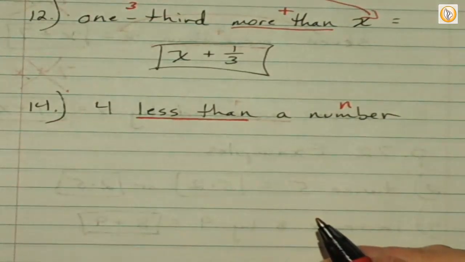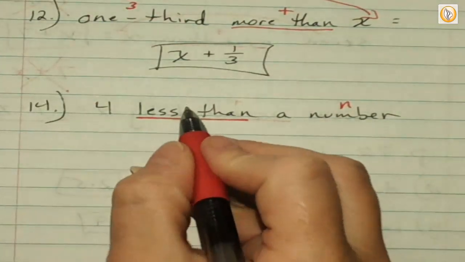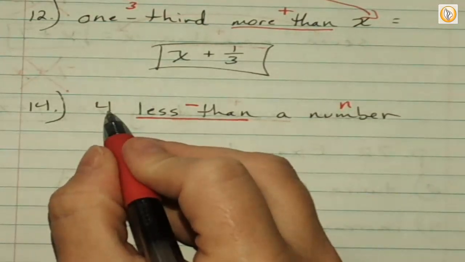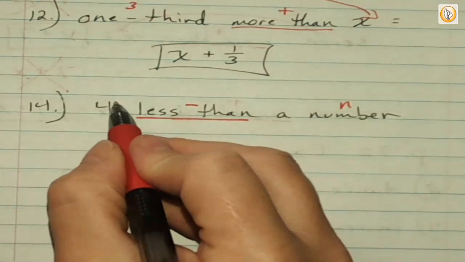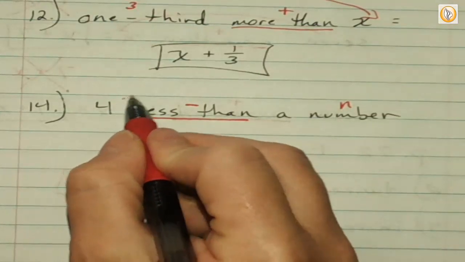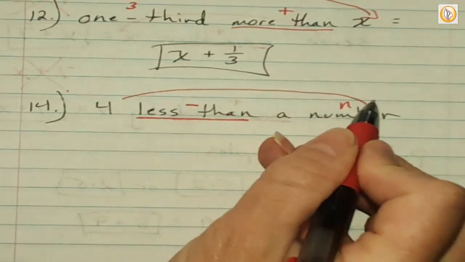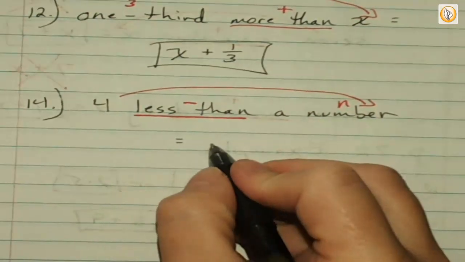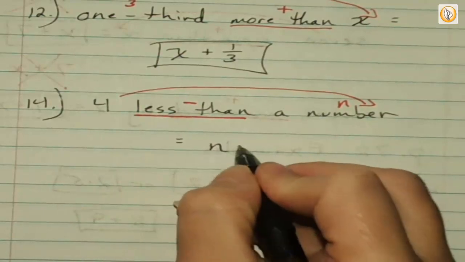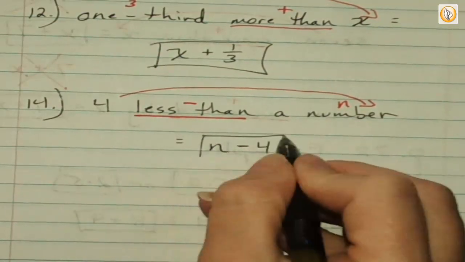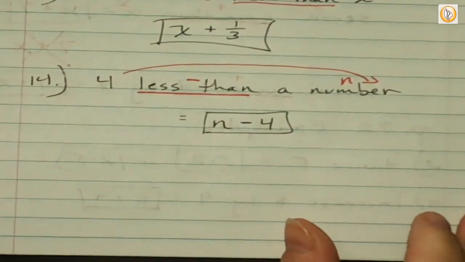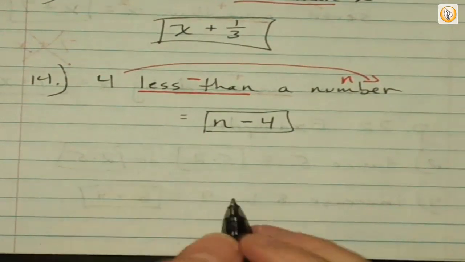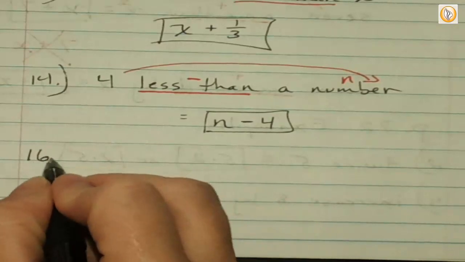And so is that adding or subtracting? Subtracting. And where does the 4 go? The 4 goes at the end. After. The end. There you go. So then what's my answer? N minus 4. Very good. Any questions? All right, moving right along.